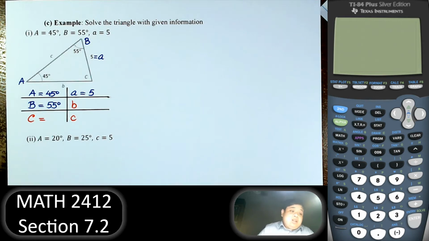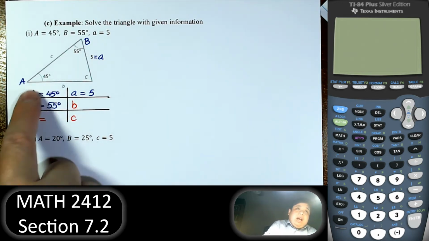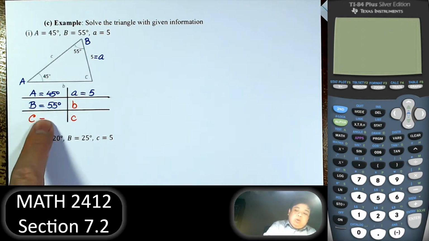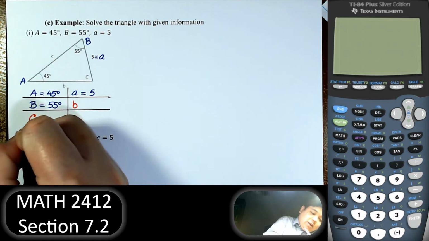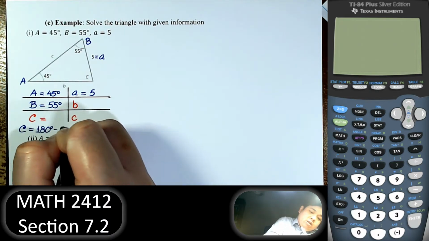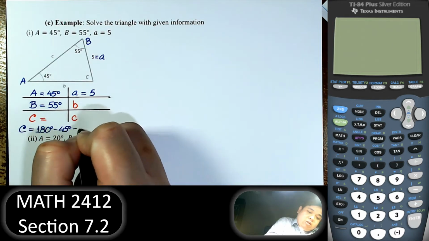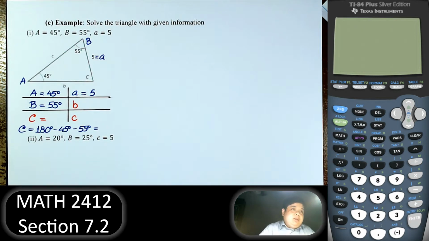Right, the first thing, the easiest one, is angle A plus B plus C, all the angles add up to 180 degrees. So to find C, we subtract from 180. Angle C is 180 degrees, subtract 45, subtract 55. That gives us 80 degrees, right?